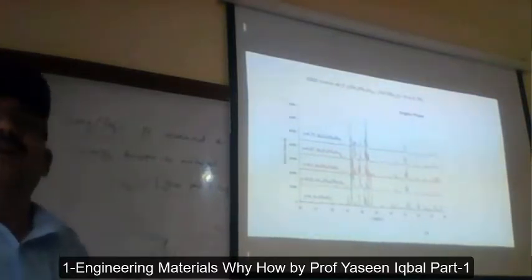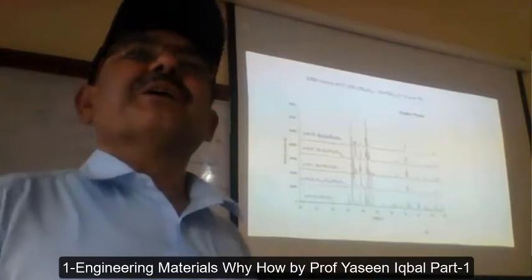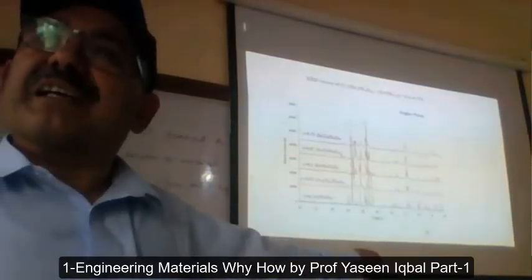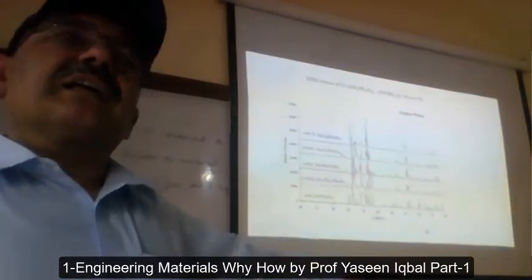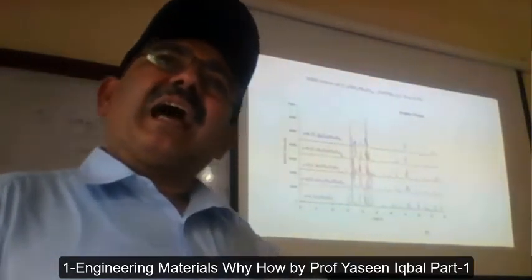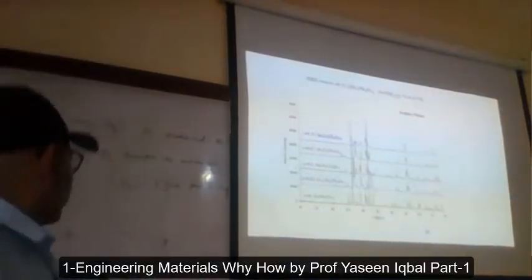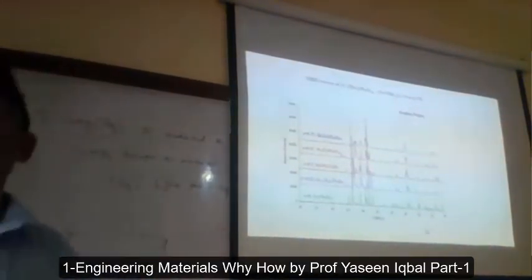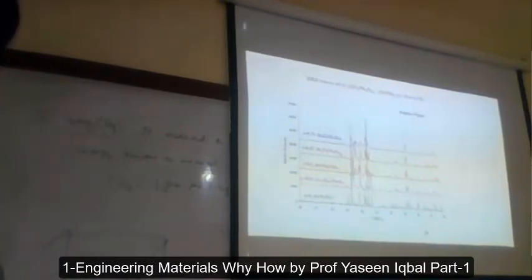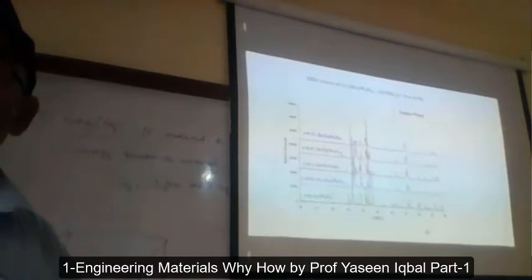If you have 100 unit cells and in 50 you are changing the B side cation, there are 12 million unit cells and you are completely changing the B cation. So when you change the B cation, the volume of the cell will change. When the volume changes, the symmetry changes sometimes, if it is too much change.